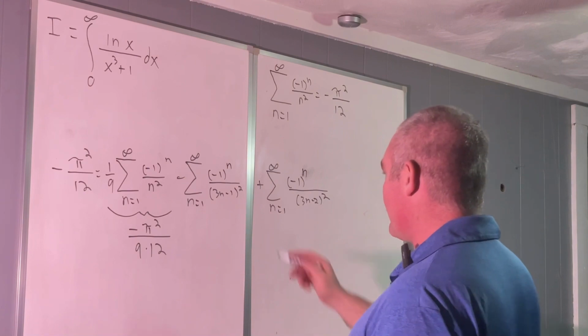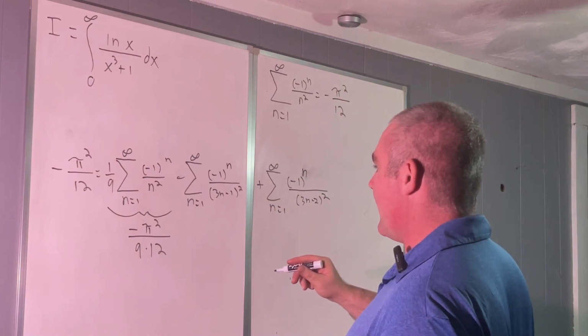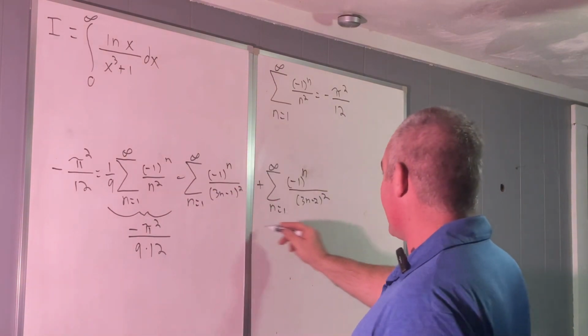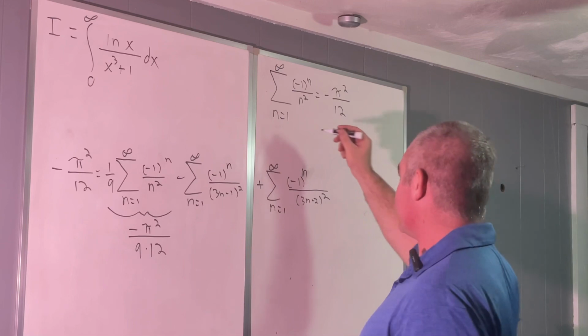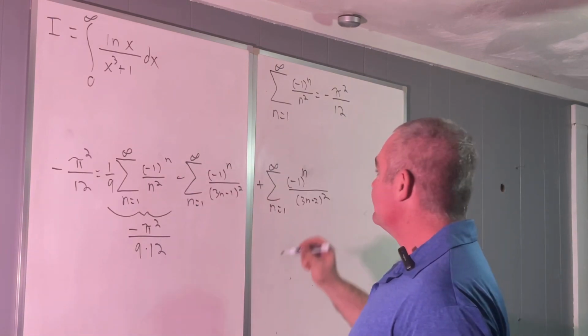All right, so now what we've just shown is what I wanted to show. We're just going to take this on the left-hand side, but I'll write it like this. I'm going to take this term minus this term.